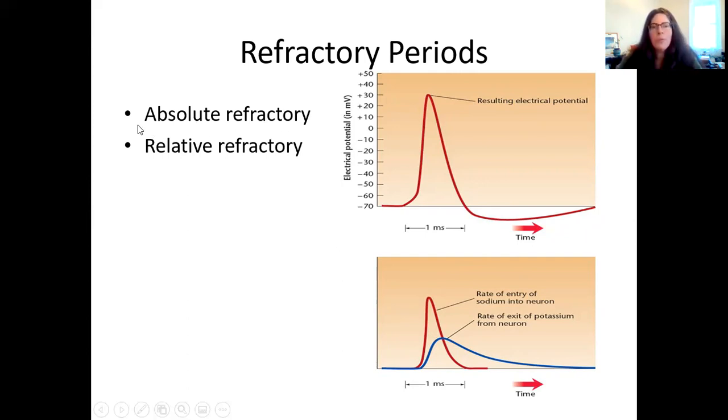The absolute refractory period only lasts about 1 millisecond. This is a point in which it doesn't matter the intensity of a stimulus, that cell cannot fire, cannot send an action potential.